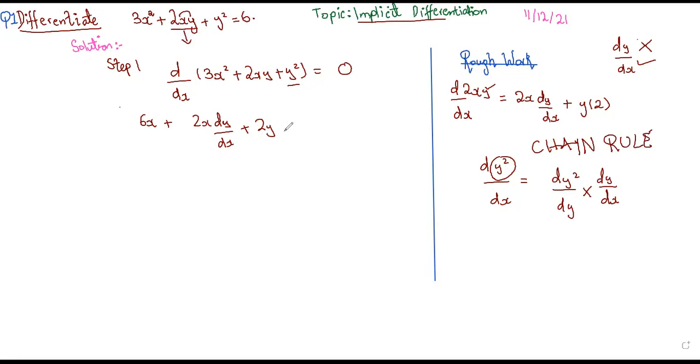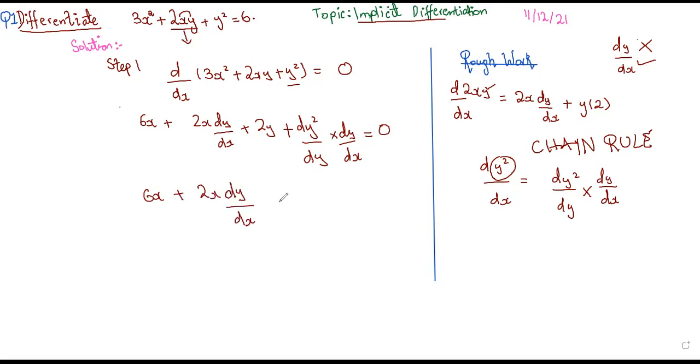So we can write it down here, plus dy square by dy into dy by dx equals 0. Next, we will simplify things. 6x plus 2x dy dx.